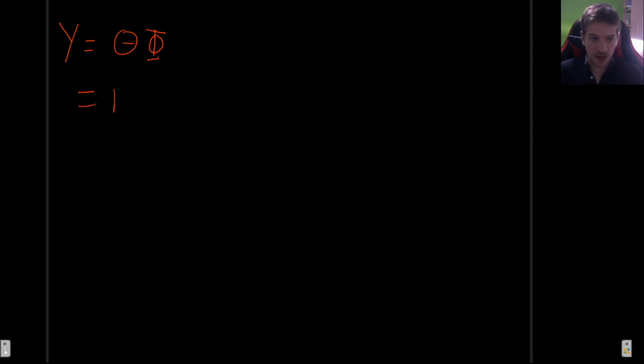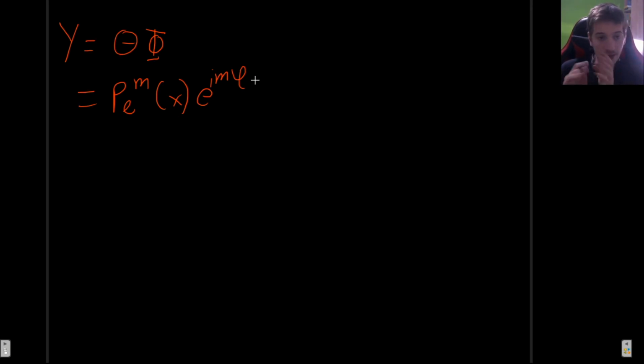Well, big theta, we know it's this associated Legendre polynomial, and this big phi is e to the i m phi. I'm using this notation for phi. So this is actually going to be the solution to the angular equation, which is the product of these two solutions that we found, and this is what is called the spherical harmonic.